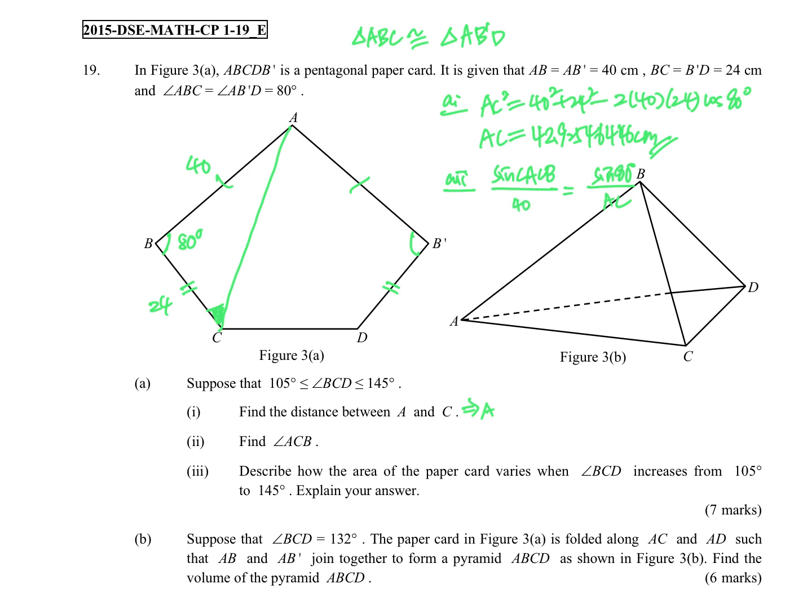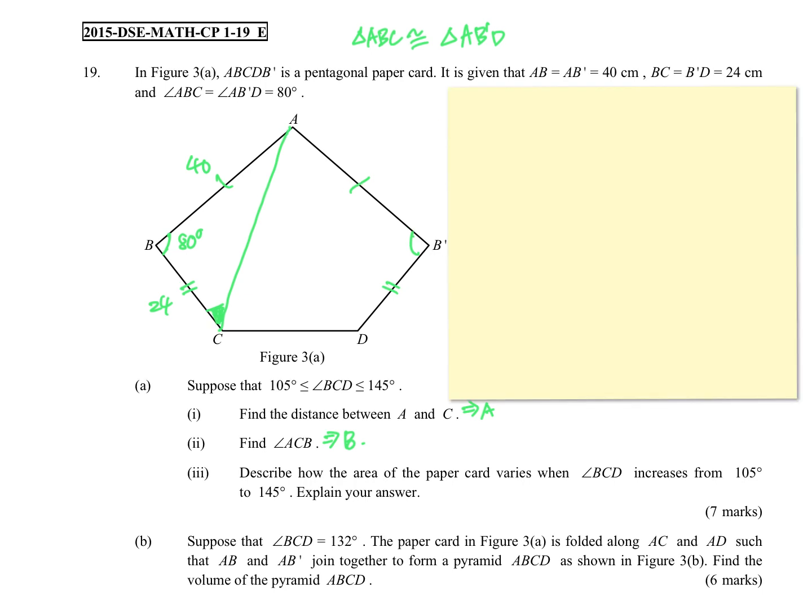So 40 times sine 80 over the answer, so 66.6 degrees. This one will be saved to B. That would be for the first two parts of part A.